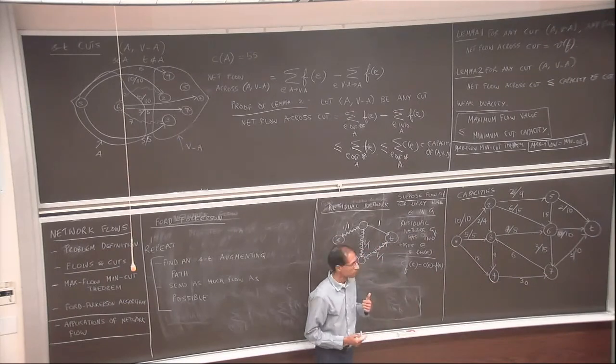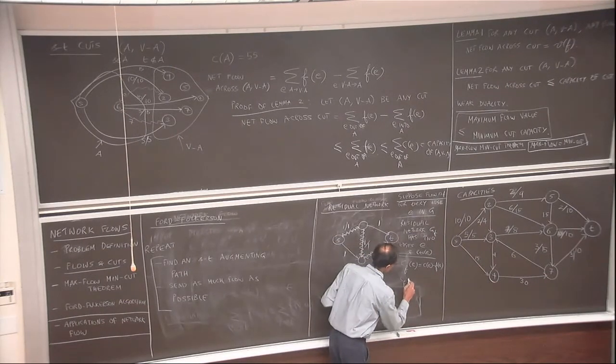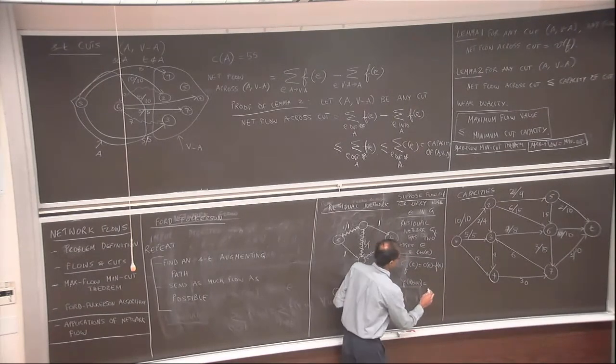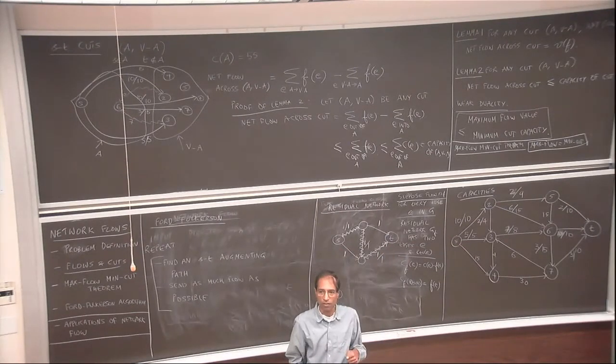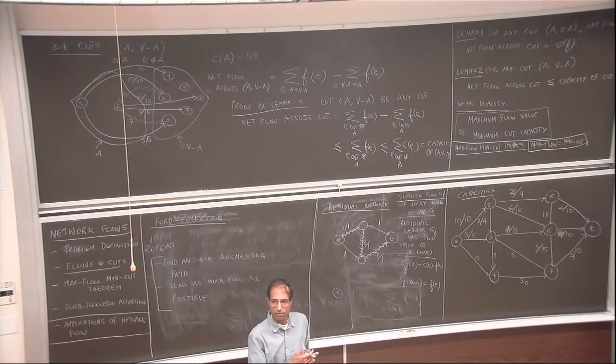But the reverse edge will have a capacity equal to the flow in the forward direction. This is basically saying that it allows you to correct any flow that you send. So you have sent 1 unit of flow. If you want, you can correct that by sending 1 unit of flow in the reverse direction, even if there was no edge before.